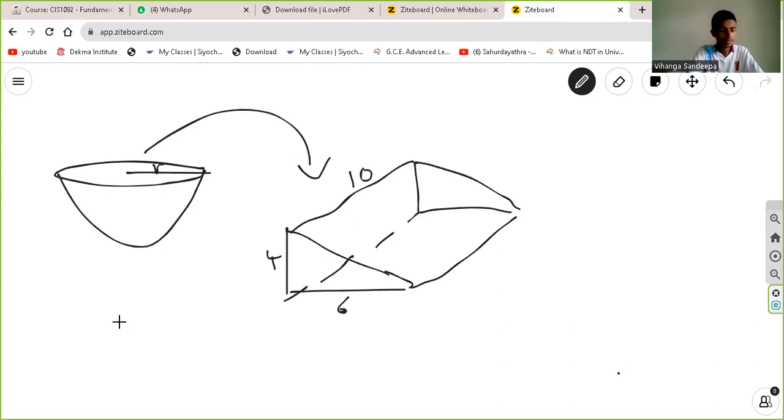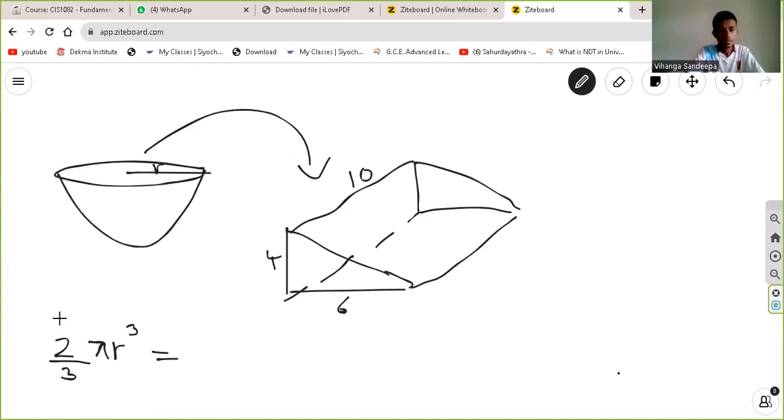What is the formula to find the volume of a hemisphere? 2 over 3 into pi r to the power 3. The total volume contained in the hemisphere is this.